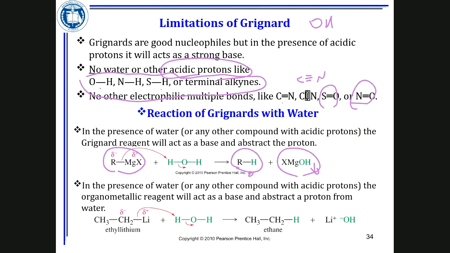Any acidic proton and water. And the last step of the preparation of alcohols using Grignard, we must hydrolyze. When we hydrolyze, it does two things. One, it protonates the alkoxide. Second, it deactivates the Grignard. How does it deactivate? It basically changes the Grignard to alkane.